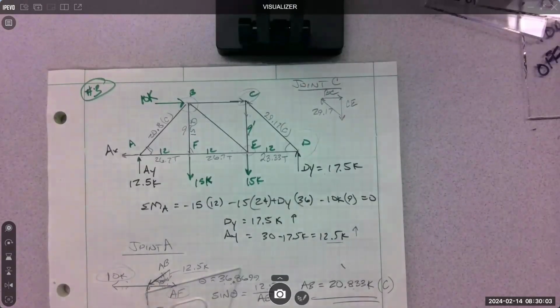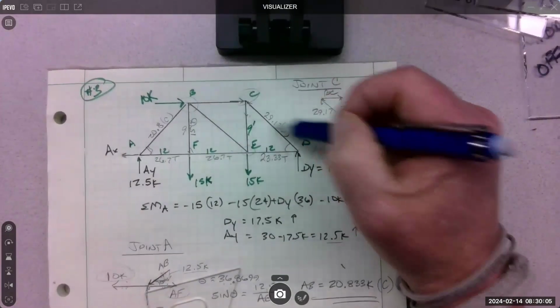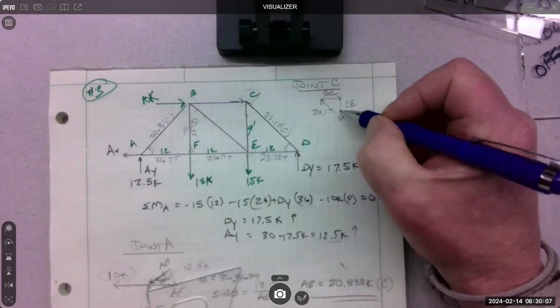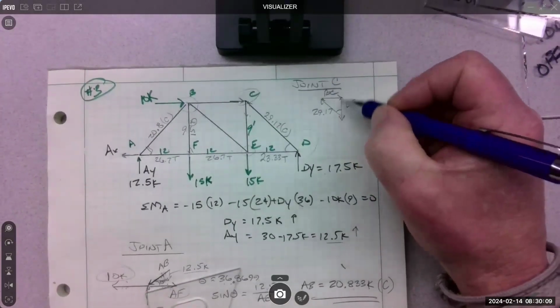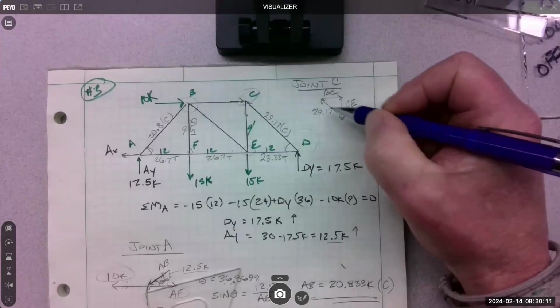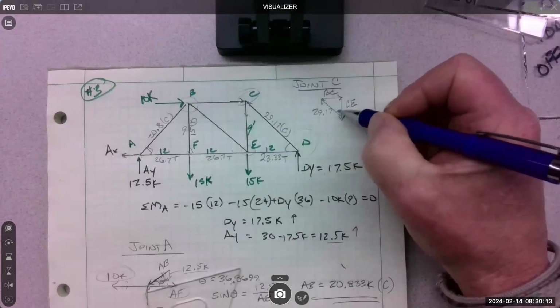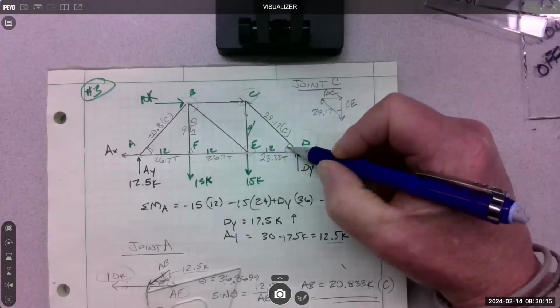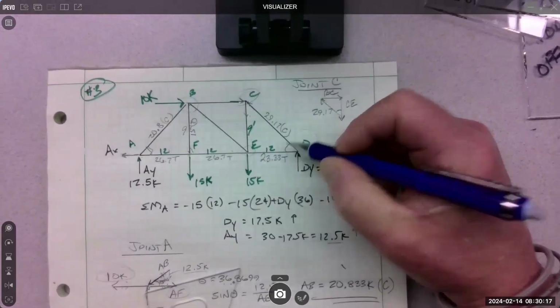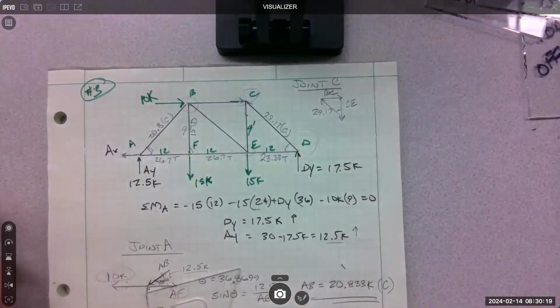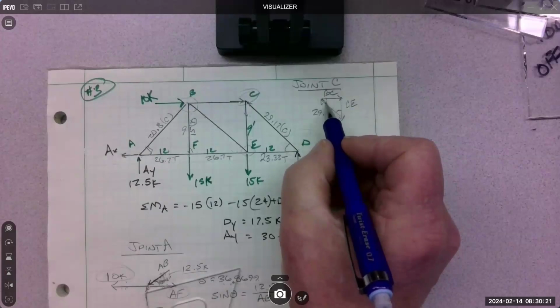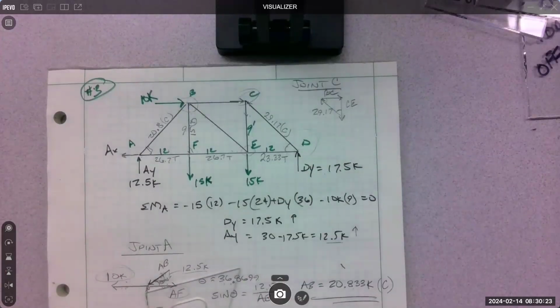And we need this angle between vertical and CD. Right here, and that's gonna be 90 minus the 36. You could use the 36, it's up here. Right? Either way.